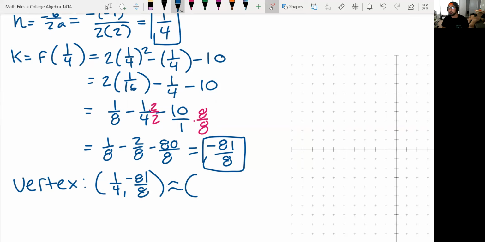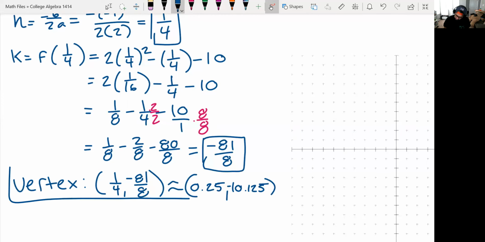Which would probably be wise to put in decimal form so we know what we're graphing. So 81 over 8, what is that? 10 point, let's see, 10.125. Negative.